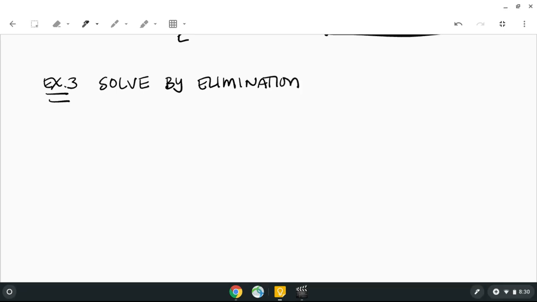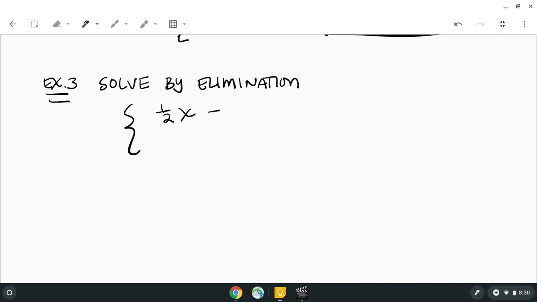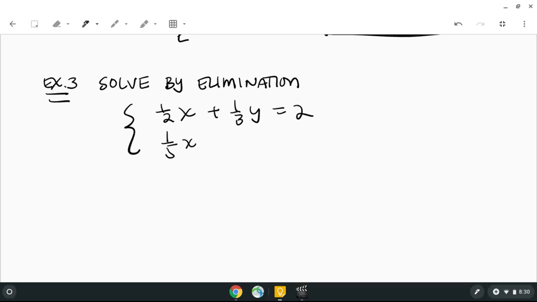Suppose that your system is this: 1/2 x plus 1/3 y equals 2, and 1/5 x minus 2/3 y equals 8.